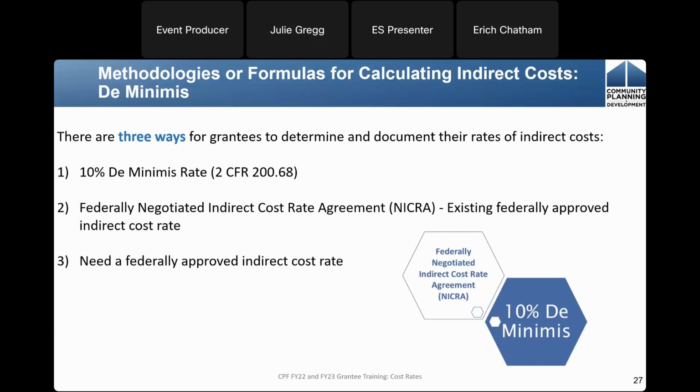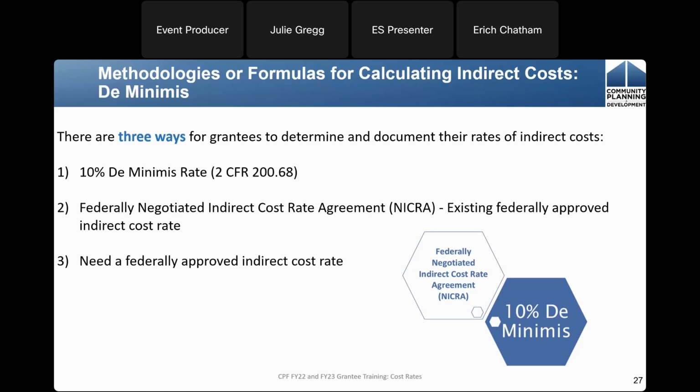So for your indirect cost, there are three methodologies or formulas for calculating those indirect cost rates. So number one is the 10% de minimis rate, and that's at 2 CFR 200.68. And I'll go through how to calculate the de minimis rate momentarily.